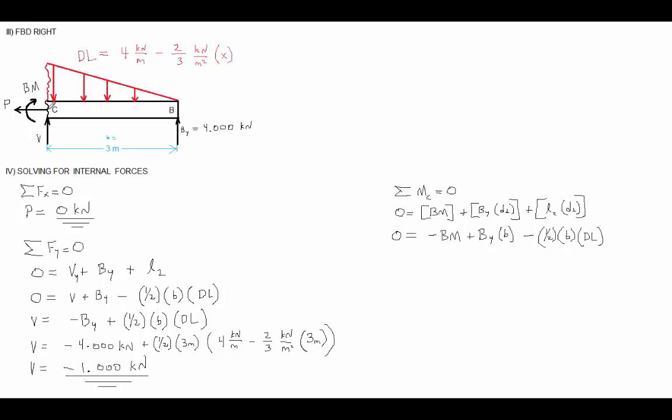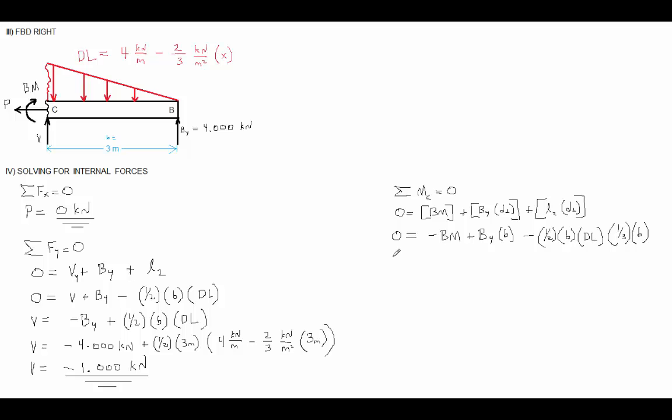The centroid of the triangle is 1/3 of the base away from the side with the right angle. Right angle is right here, 1/3 away. That would be 1/3 of B, or B over 3, depending on how you wanted to write it. This is the force. This is its perpendicular distance.